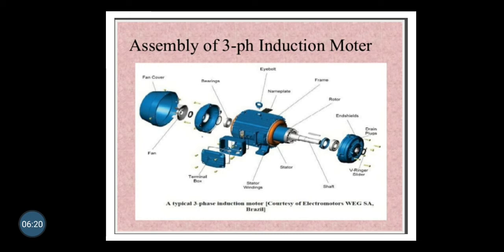The purpose of the eye bolt is to lift the induction motor, and also there is a nameplate. In a nameplate there is a rating of the particular induction motor, what is the HP of the particular induction motor.